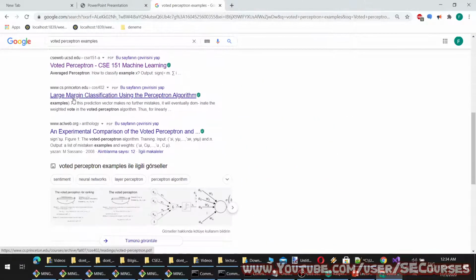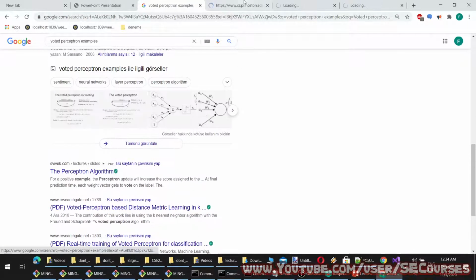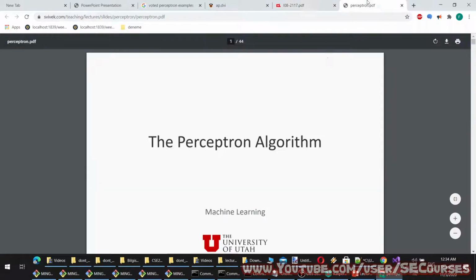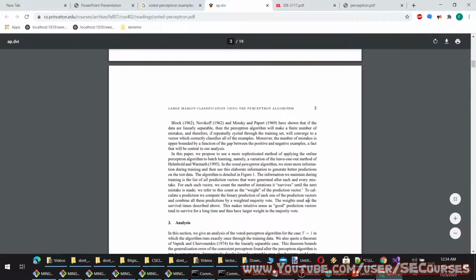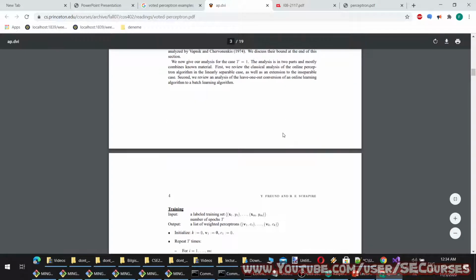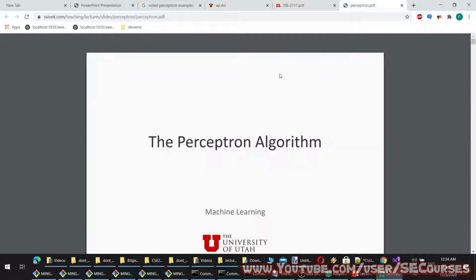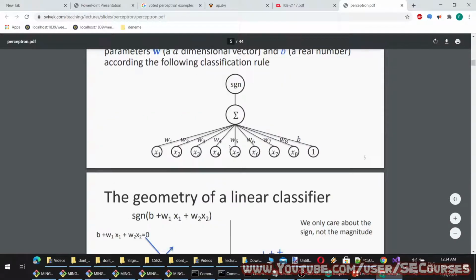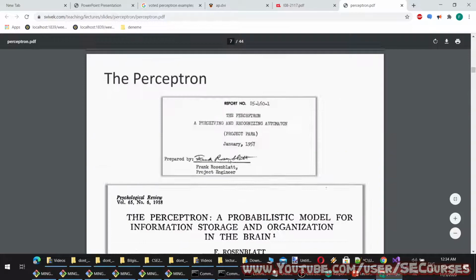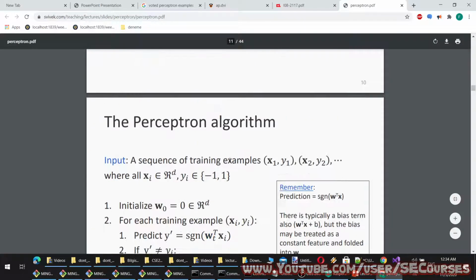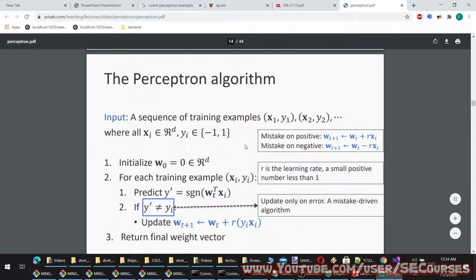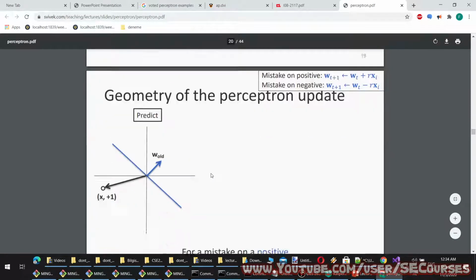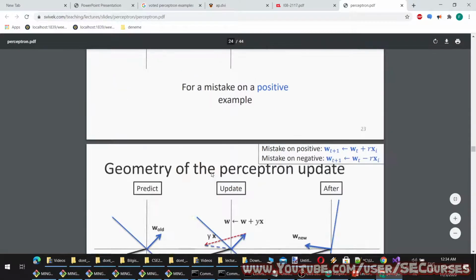I am trying to find a simple example. There are many articles, academic articles, because this is one of the most used algorithms in machine learning. Okay, this is the perceptron algorithm. We have already seen it. I am trying to find a good example for voted perceptron.